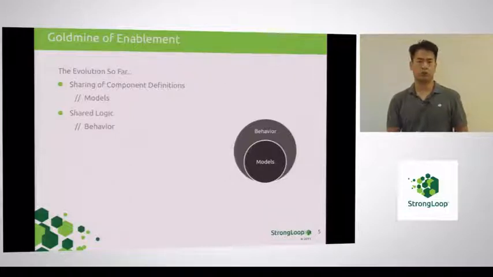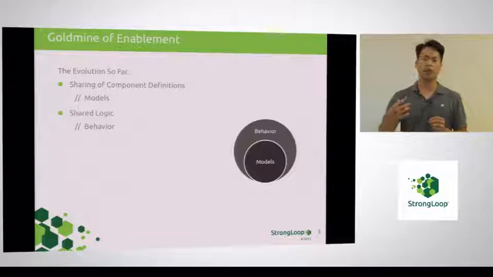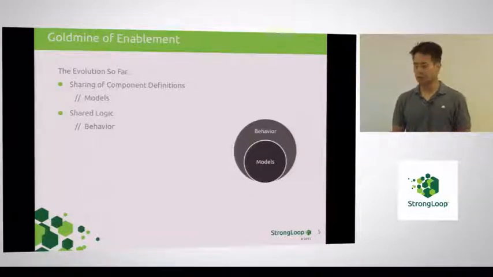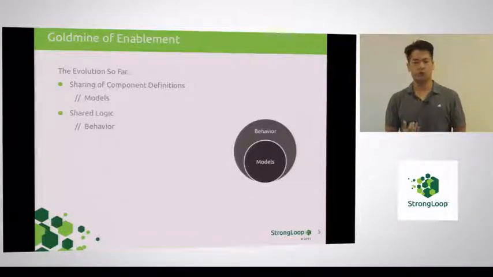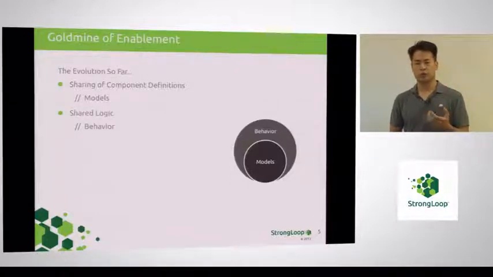Next, we have shared logic. I'll talk about this a little more and show you a code snippet later. Depending on where you're running that code, whether it be client or server, browser or machine, I would want to invoke the same behavior seamlessly as if it were running on one or the other. An example of this is a geo lookup. You're getting coordinates from the GPS device in your smartphone, and you don't want to cross-reference all of the other locations you're interested in; you would want to send that to a backend service.